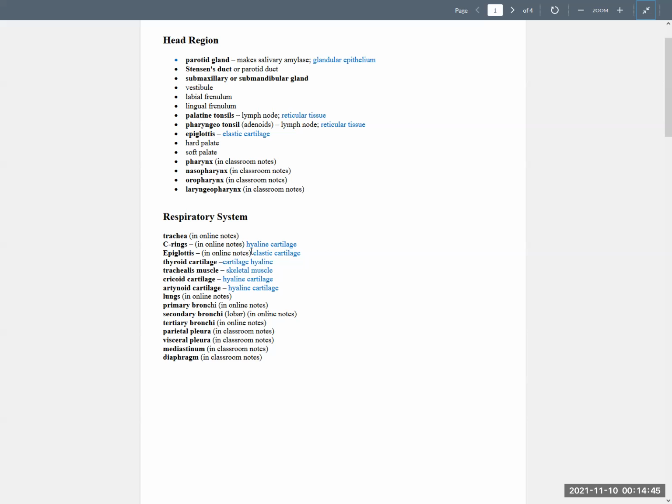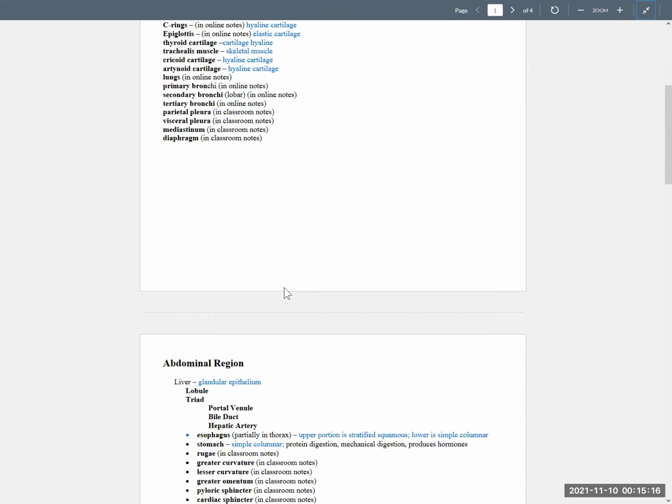The epiglottis is made up of elastic cartilage. The thyroid cartilage, or Adam's apple, is also made up of hyaline cartilage. Trachealis muscle that allows you to swallow is made up of skeletal muscle. So you want to commit these to memory, and it doesn't take a powerful memory to do this at all. You don't have to have a lot of memory space available. A lot of these are pretty straightforward.